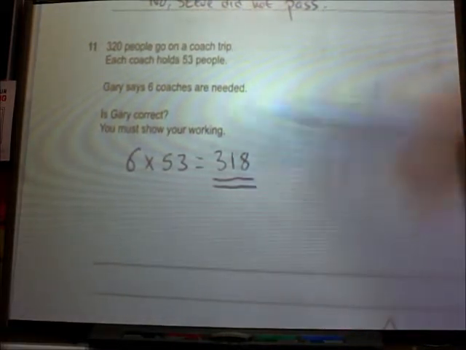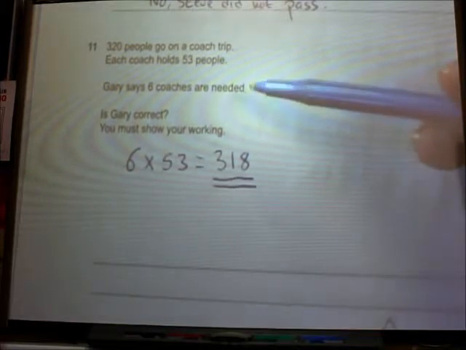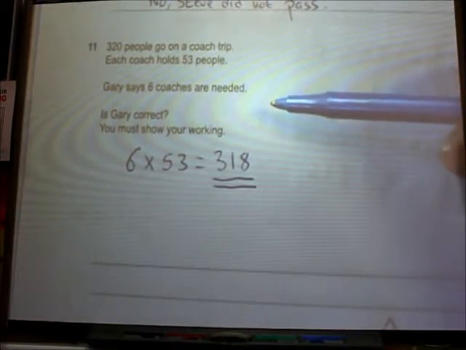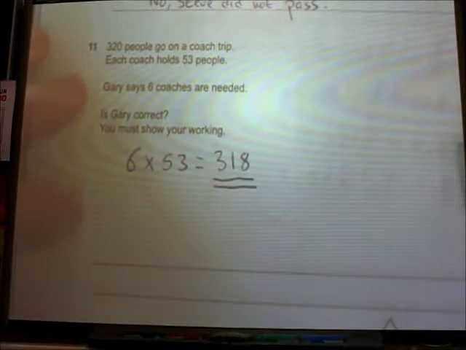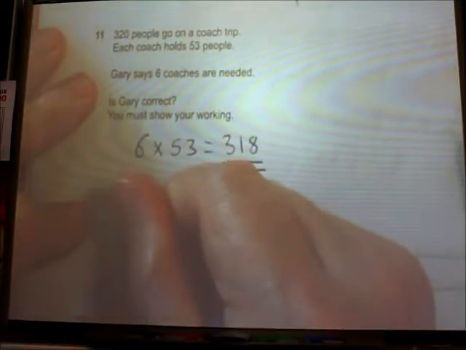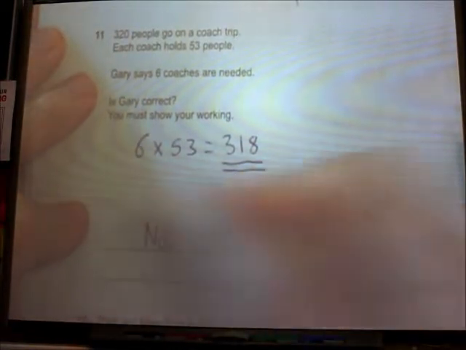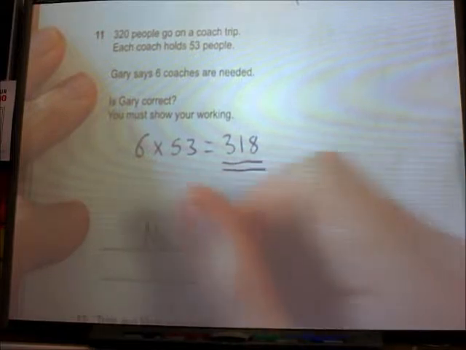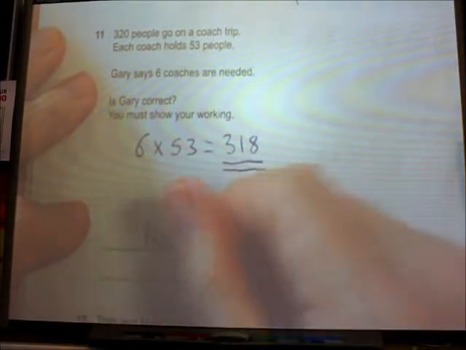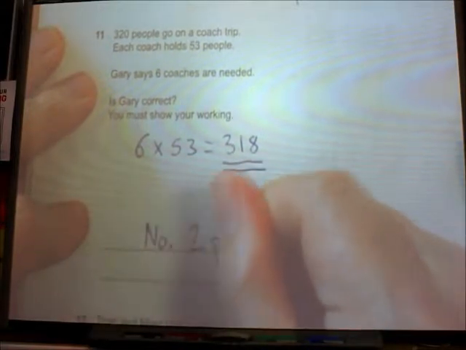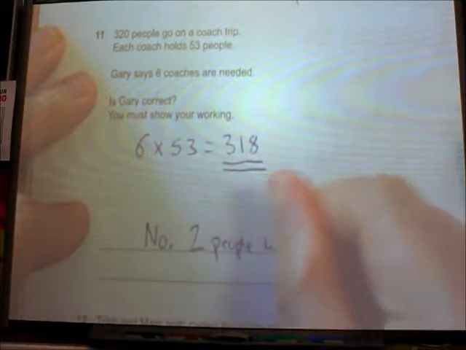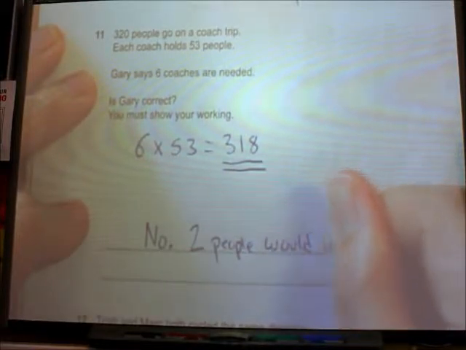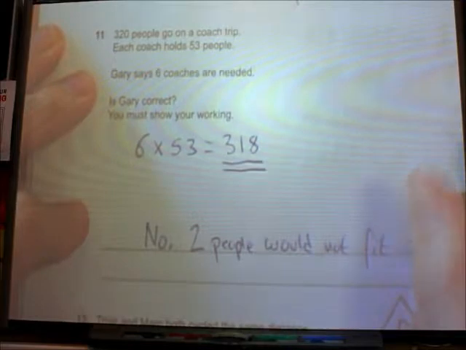So actually, if Gary was left in charge of ordering the transport for it, 2 people would be disappointed. So is Gary correct? No. You can write something like, he is 2 people short, or 2 people would not fit on, something like that.